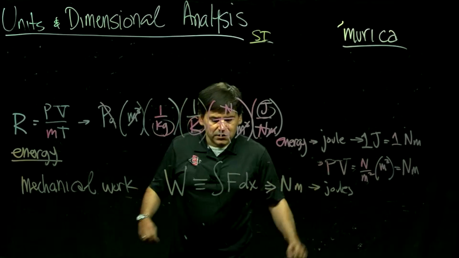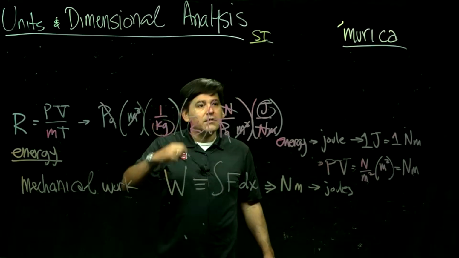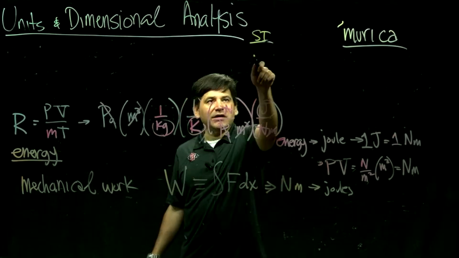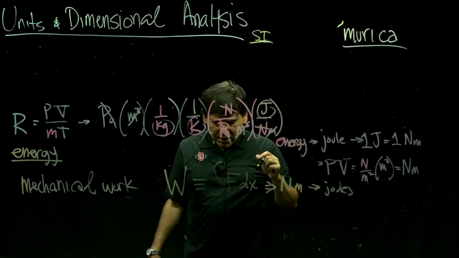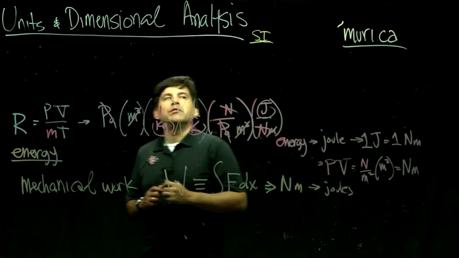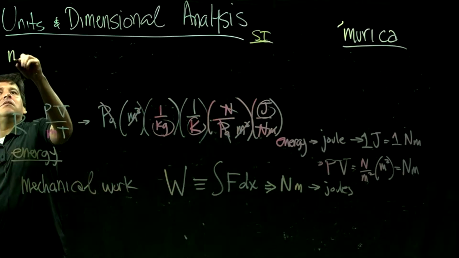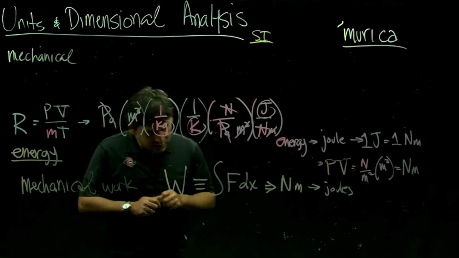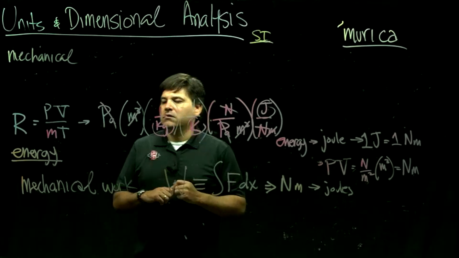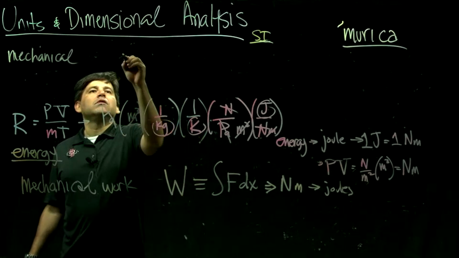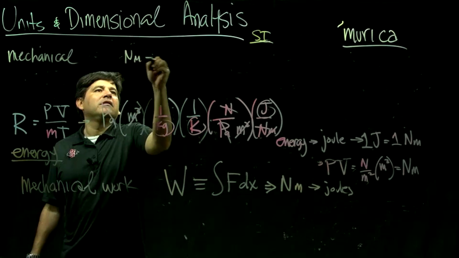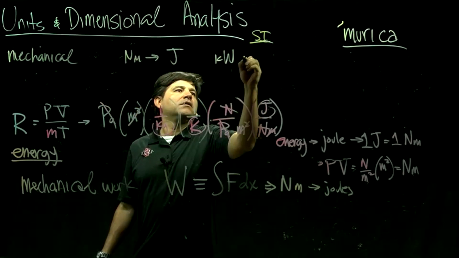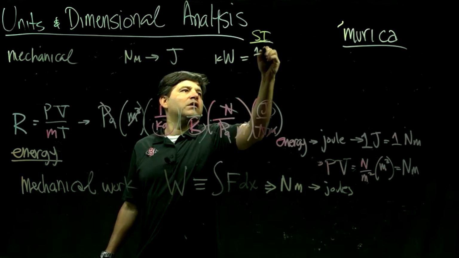Okay, so going back to mechanical, if we were to use the SI units of mechanical energy, starting from mechanical work, you have newton meter, joules, and power would be kilowatts, equals 1 kilojoule per second.